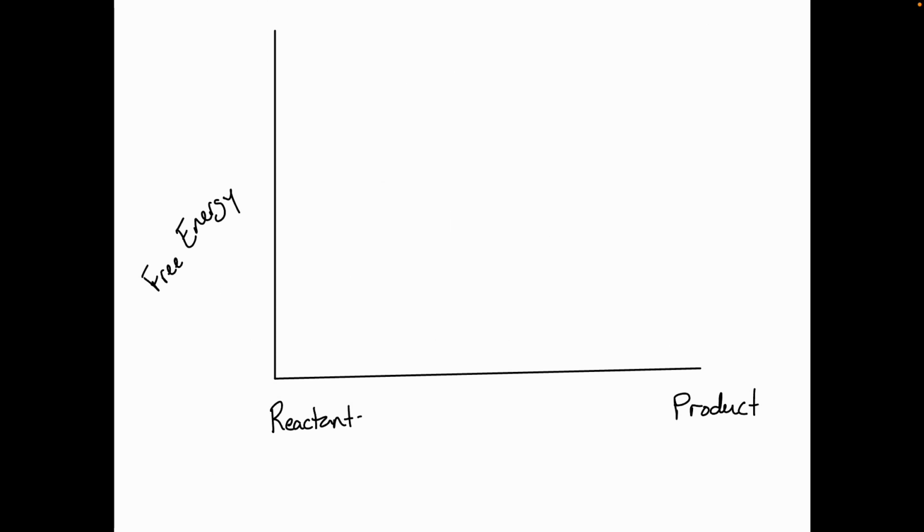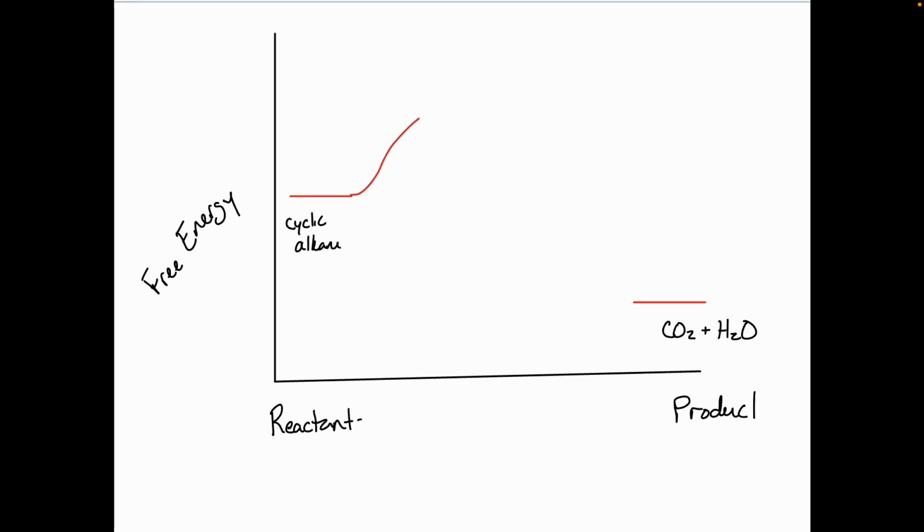So that means that my products are going to be sitting at a lower energy level than my reactants, right? My products are, again, that carbon dioxide and water. My reactant is my cyclic alkane.